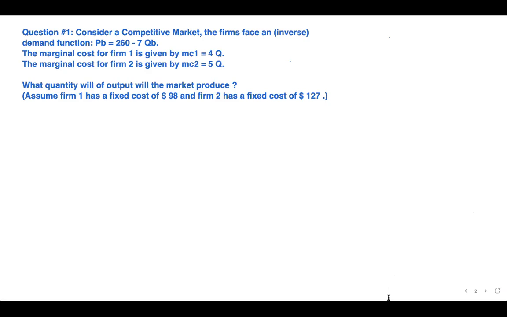So we will have Miles, Michael Barbie, and Devara. Go ahead and work on this, find the competitive equilibrium, and then we'll come back in about 5 minutes and discuss it.